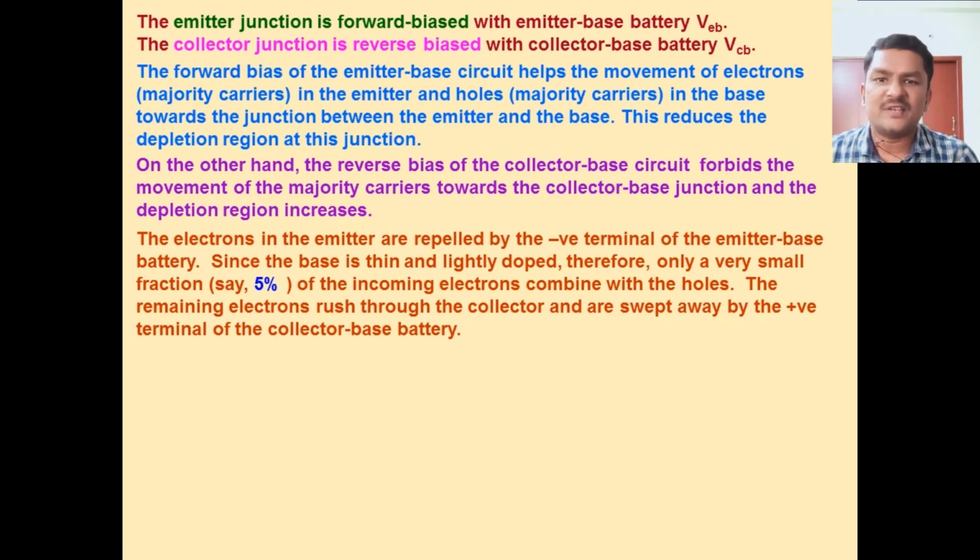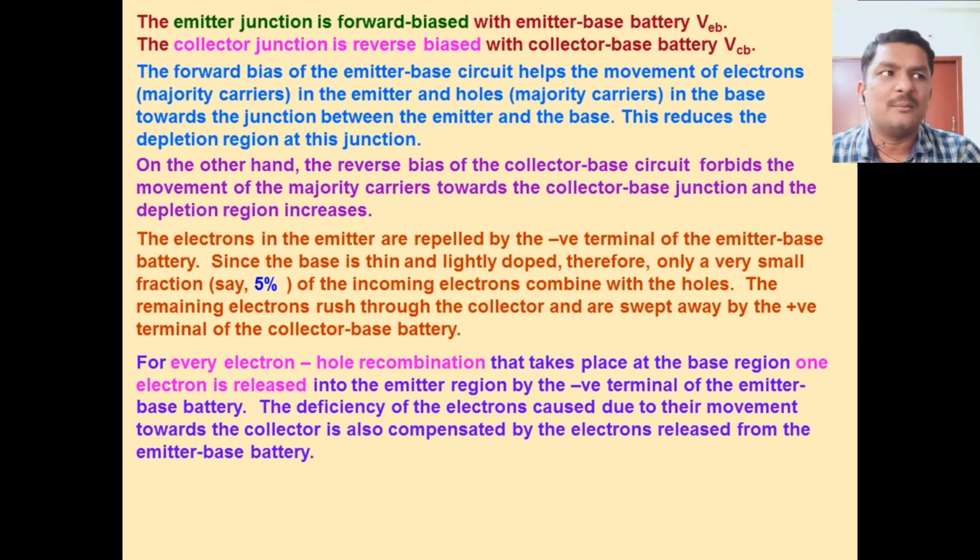So 5% of the holes combine with the electrons. The remaining electrons rush through the collector and are swept away by the positive terminal of the collector-base battery. Note down that the emitter is heavily doped and the base is lightly doped.